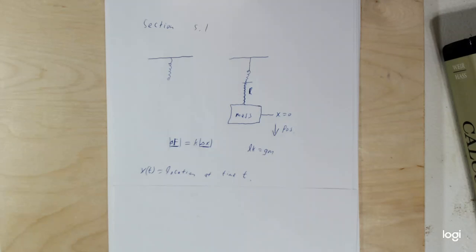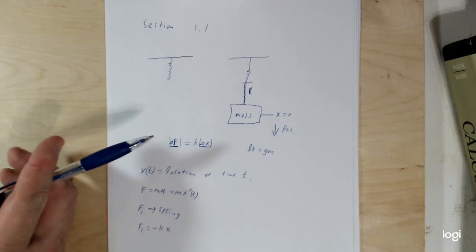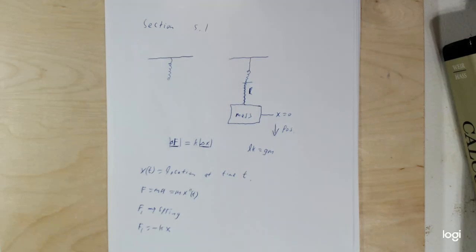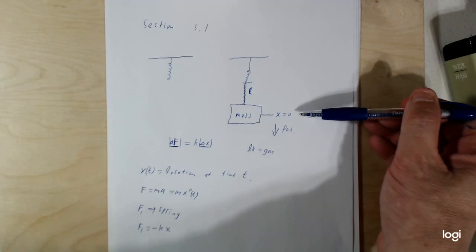So x of t is our location at time t, and we want to look at the basic Newton's equation, force is mass times acceleration. So we have mass times x double prime of t. The first force we have on it is the spring force. And for the spring force, we go minus kx. Notice from up here our k is defined to be a positive k, because those are absolute values there. And so we put an opposite of kx because the force of the spring is always going to be the opposite of where the position is.